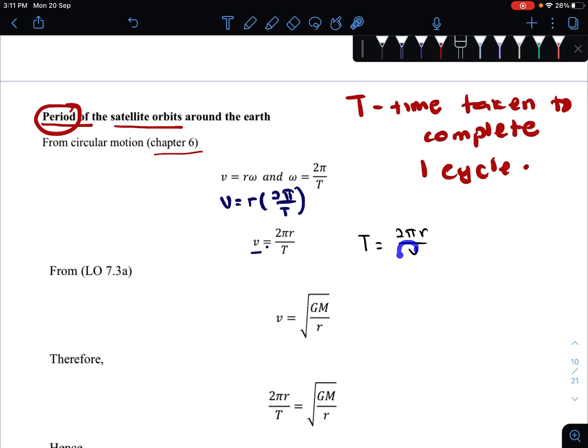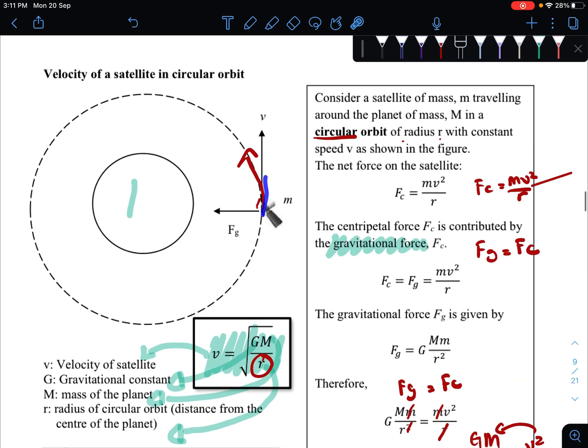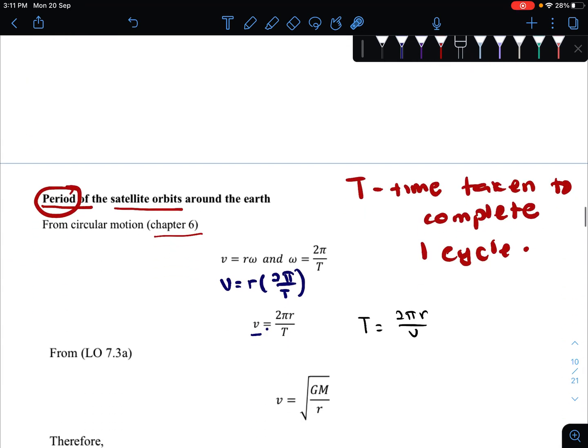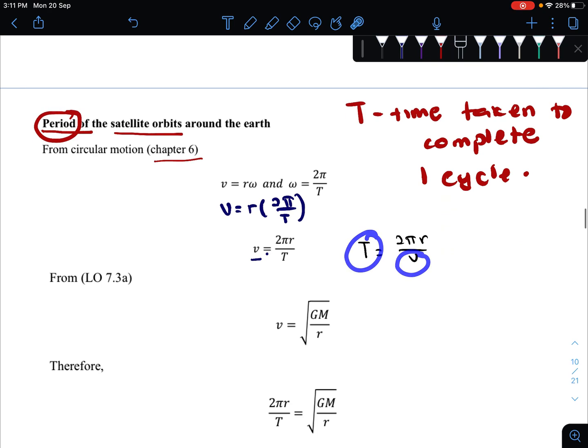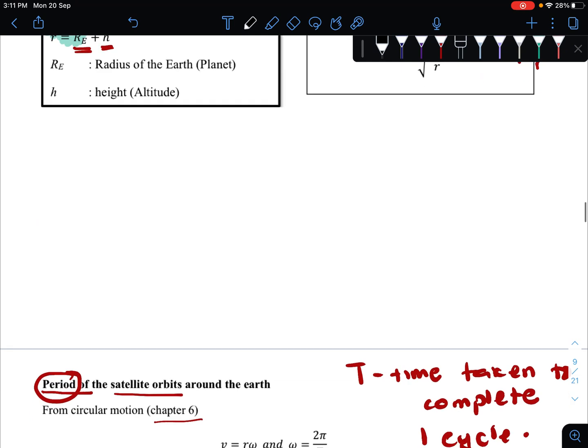Okay, and if you can see previously what we learned is the velocity at which the satellite is going to orbit. So the time the satellite takes to complete one cycle depends on the speed. And the equation for velocity we already deduced, which is square root of GM over r, from this equation.